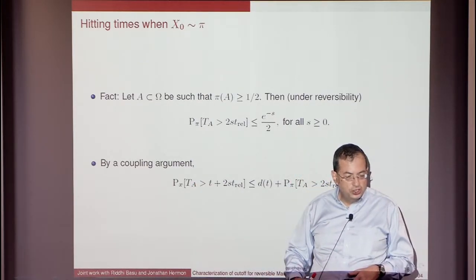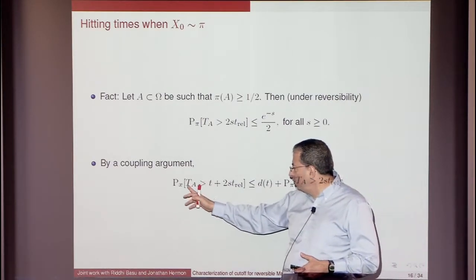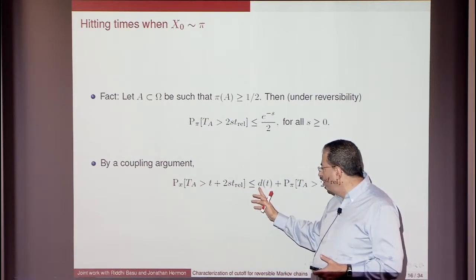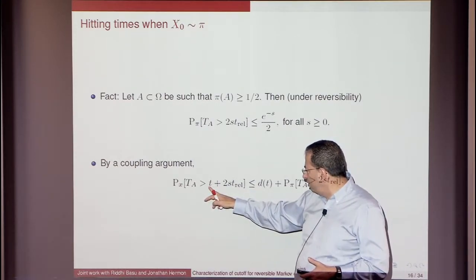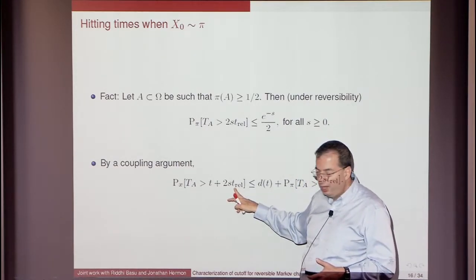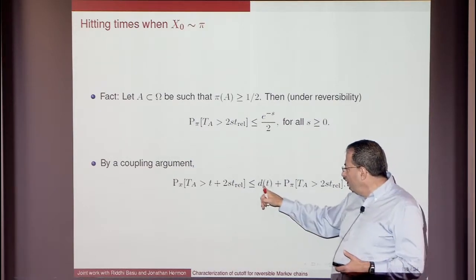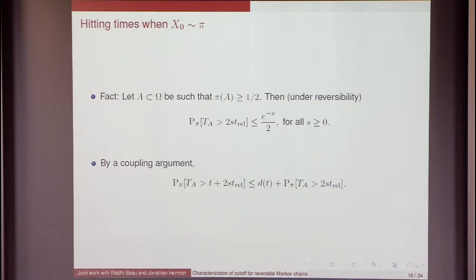This is not the interesting direction. If you control the mixing time, well, the probability that you take a long time to hit this set is certainly bounded by, well, if I wanted the hitting time to be bigger than t plus 2s T rel, I can just wait for time t so that the distance to stationarity is small, and then I have a bound on this distance, and then with the remaining probability I can think of myself being at stationarity, and there the hitting time is small just for spectral reasons.